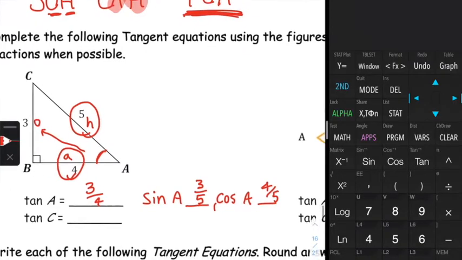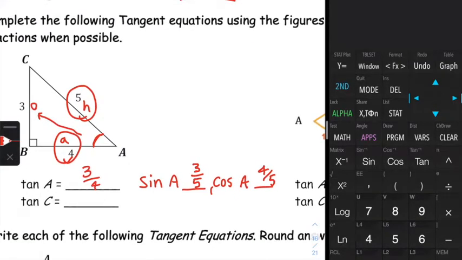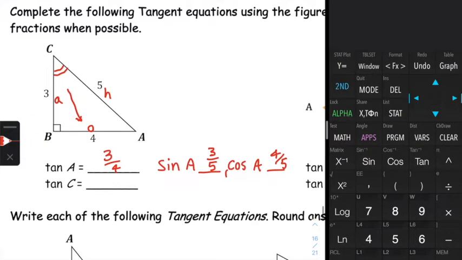Okay. And then when we look at angle C instead, that's going to change some things here. If I'm looking at angle C, the opposite and adjacent are no longer what they were. The opposite is now 4, and the adjacent is now 3. So that's going to change some of the fractions slightly.